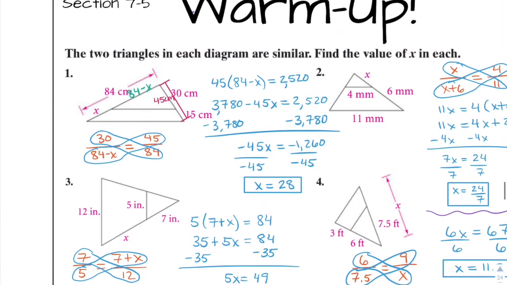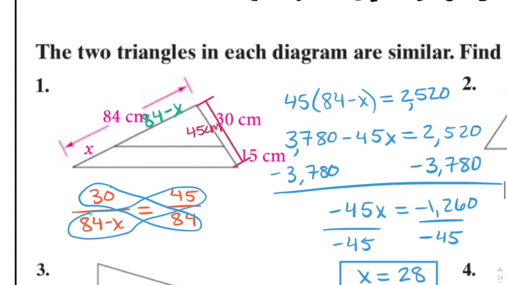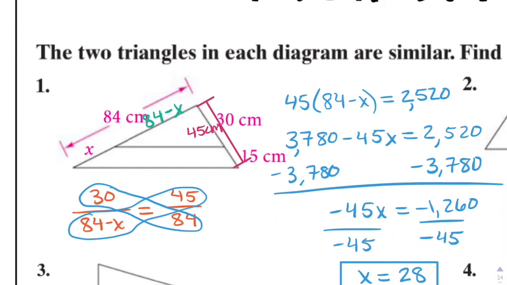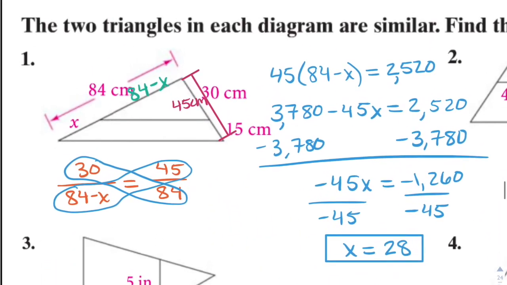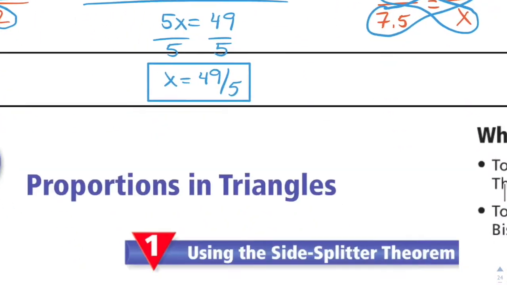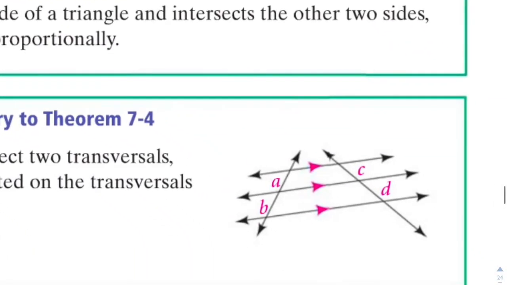See above how I did part is to whole as part is to whole? We didn't really have to do that, as long as we're talking about the sides of the triangle that are cut by a parallel. In this case, you see a parallel here.